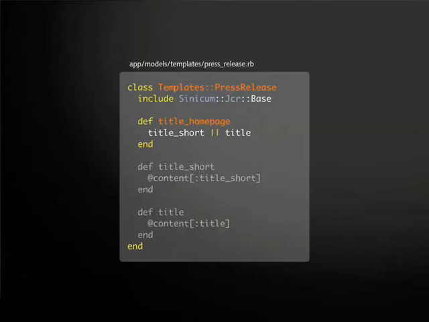You might wonder, when I say title short and title, where do these attributes or these methods come from? They are automatically added to this class via the template's dialog definition. When you define a template dialog, and you define properties called title short, these properties are automatically added as methods to the respective object.